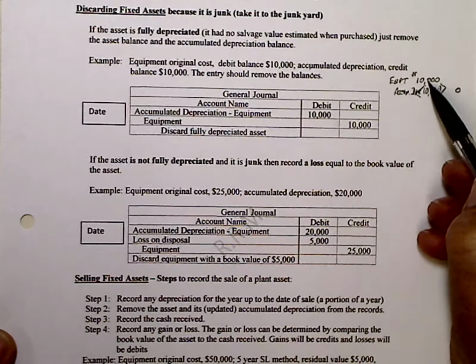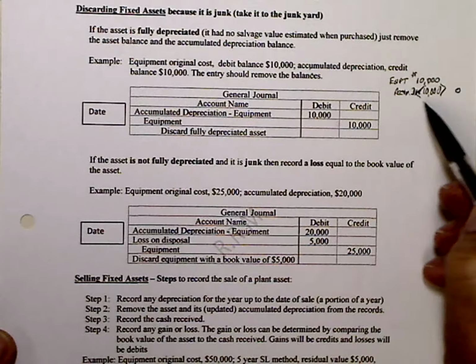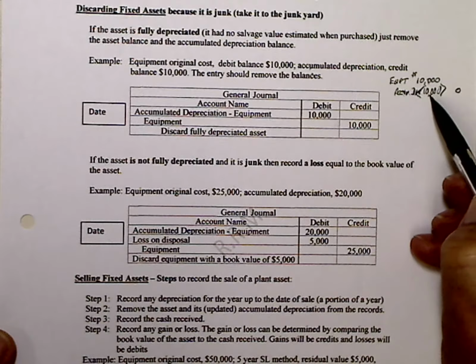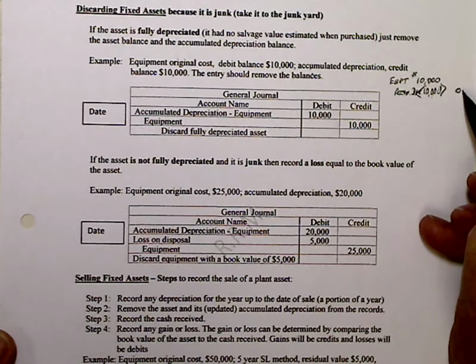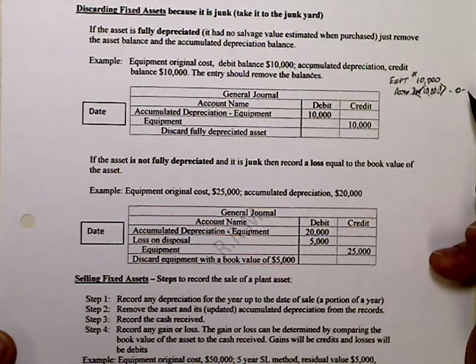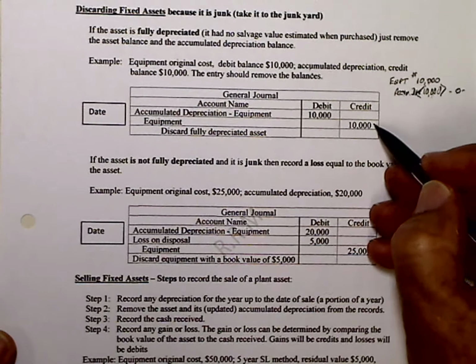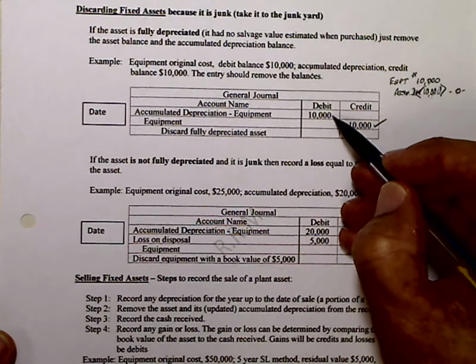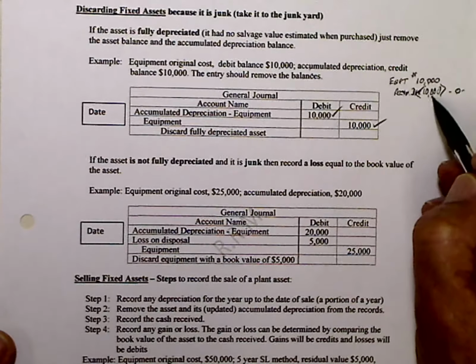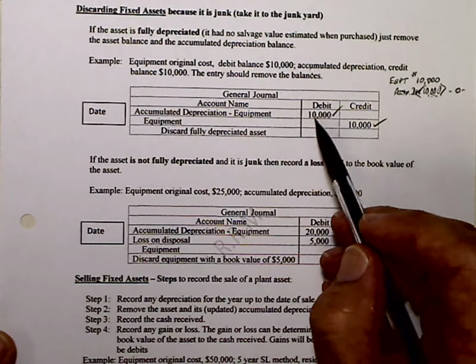A debit to equipment. I really squeezed that in there, didn't I? And accumulated depreciation has a credit balance of 10,000. That's where we stand right now. If we send it to the junkyard, what do we do? Remove the $10,000 from the equipment account and remove the accumulated depreciation, which is going to have a credit balance. Remove that with a debit.